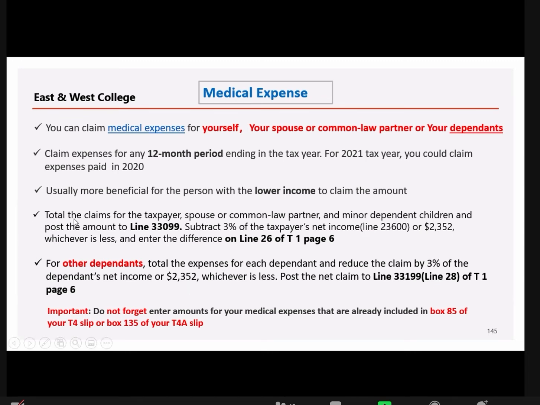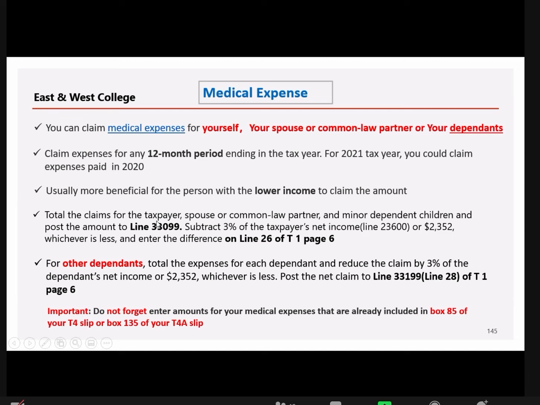So the total claims for the taxpayer, spouse or common law partner, and minor dependent children go on line 33099.